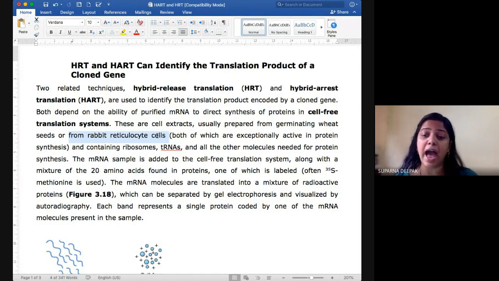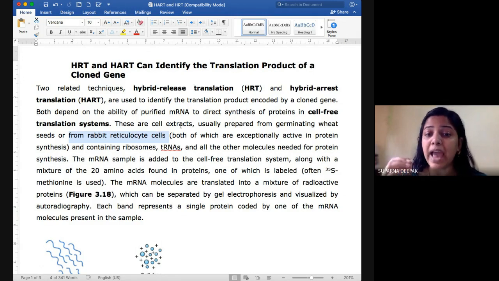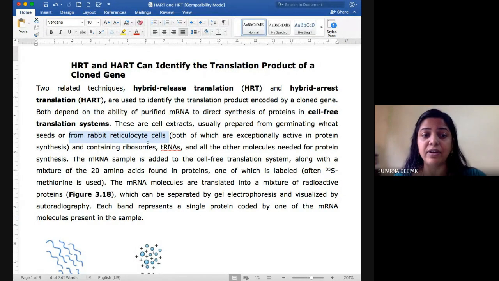For the working of this particular method, having proper active protein synthesis is very, very required. These cell extracts will contain ribosomes, tRNA, and whatever other molecules are required for protein synthesis.